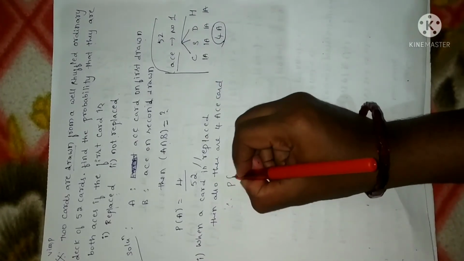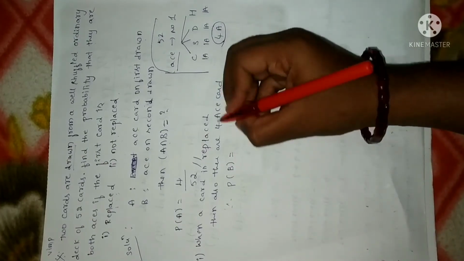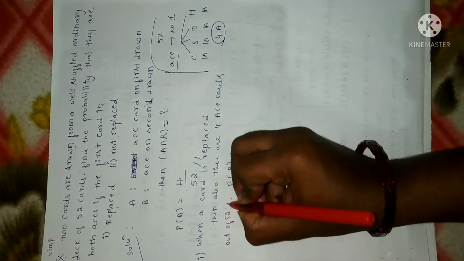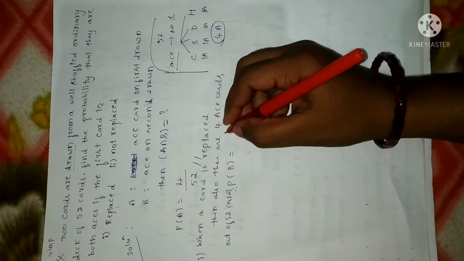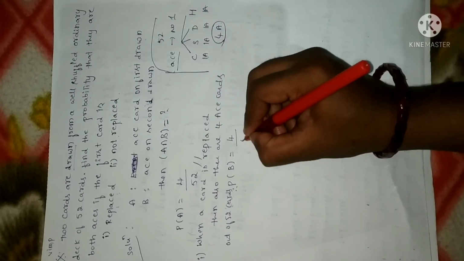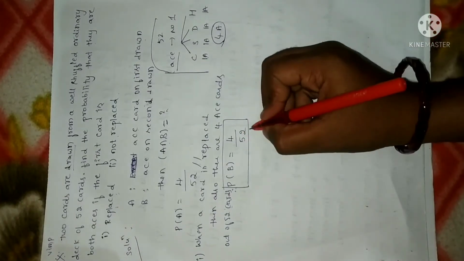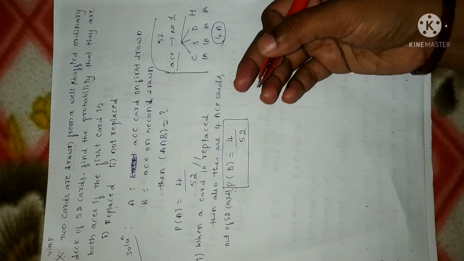Therefore, the probability of getting event B is 4 ace cards out of 52 cards. Therefore, probability of B will be equal to 4 by 52. In the second draw also, you will get 4 by 52 only. Why? Because you are replacing it. You are keeping it back again.